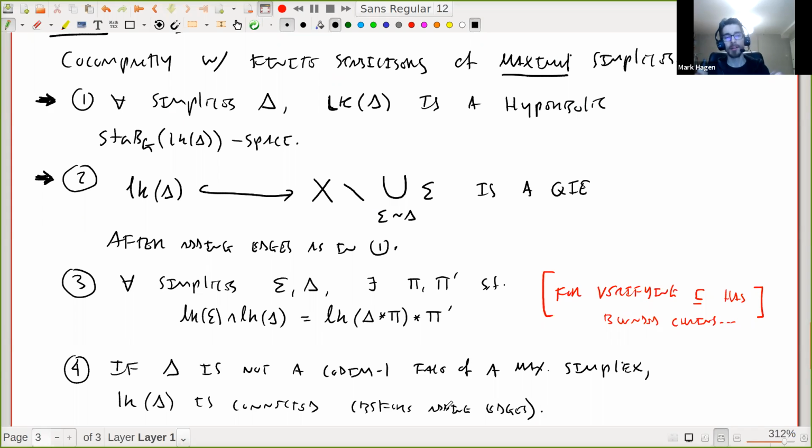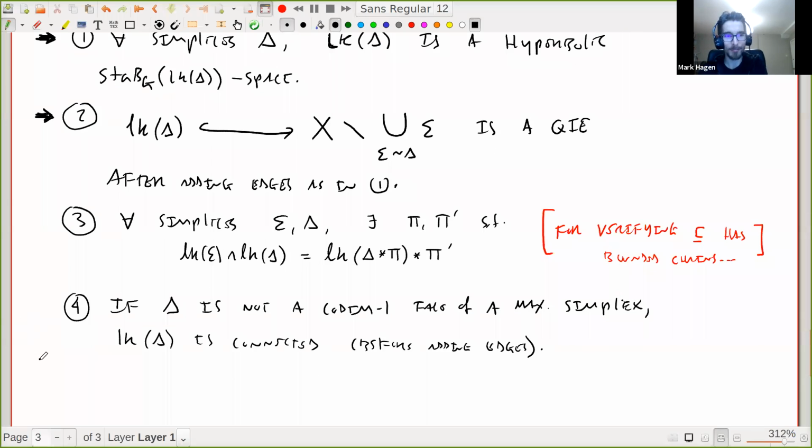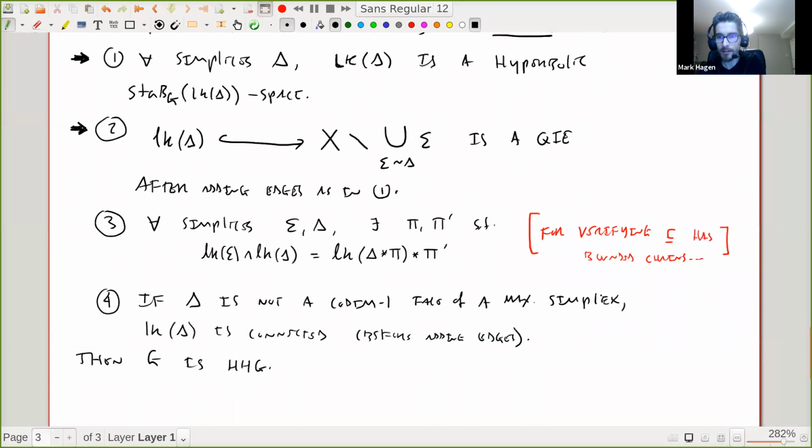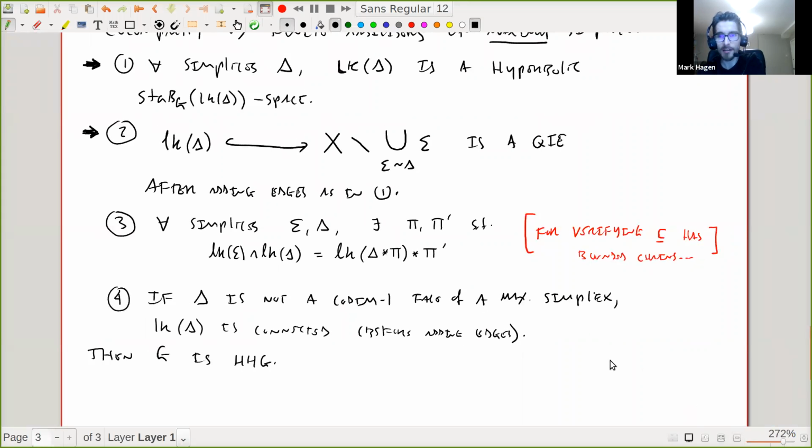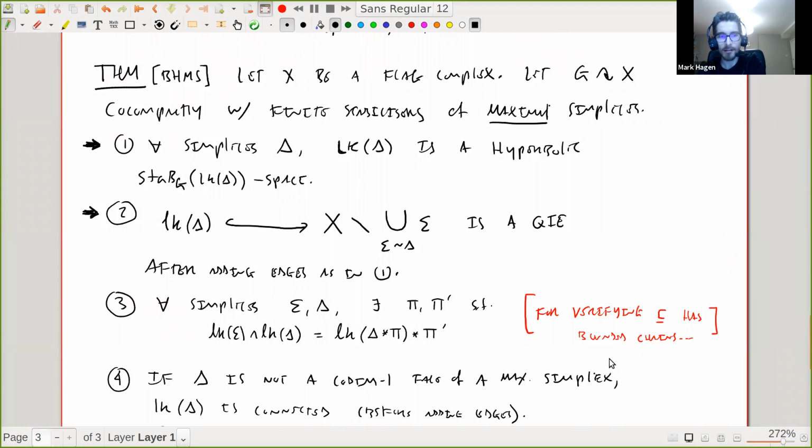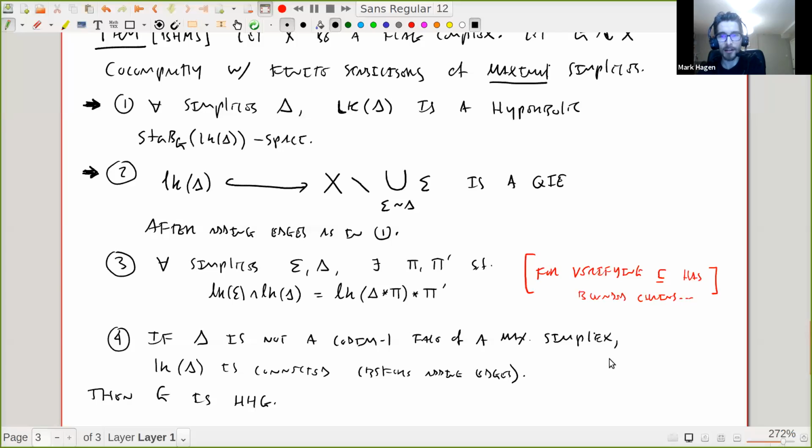Yeah, so I'll quickly say the conclusion. Then G is an HHG. So if I make this a little bit smaller, then I can fit the whole theorem. Okay. So a few things over here.